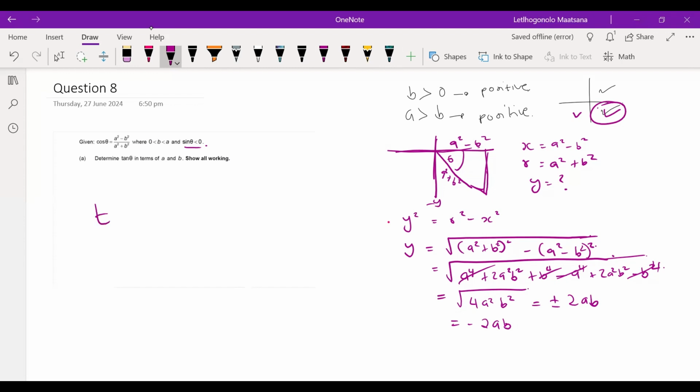So then we can say tan theta is going to be equal to our opposite side, which is minus 2ab, over our adjacent, which is a squared minus b squared.